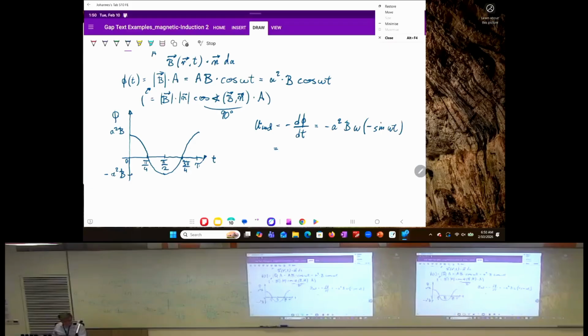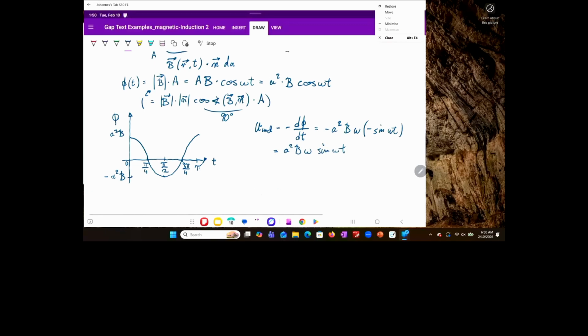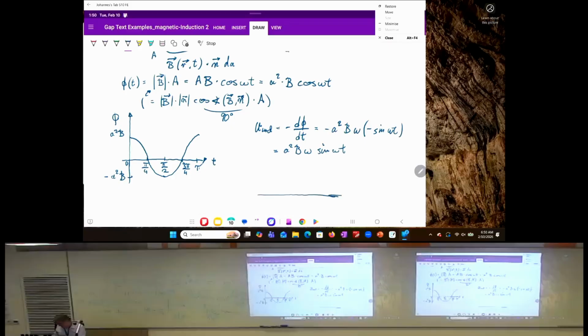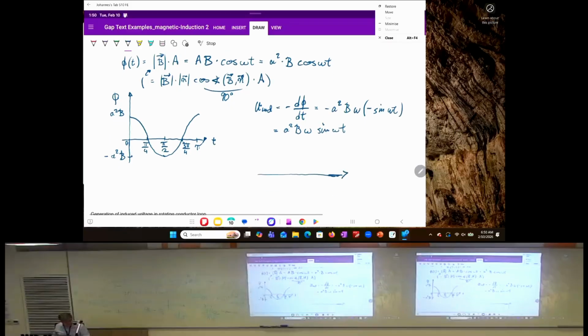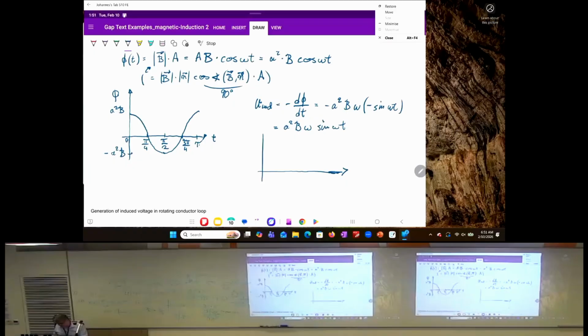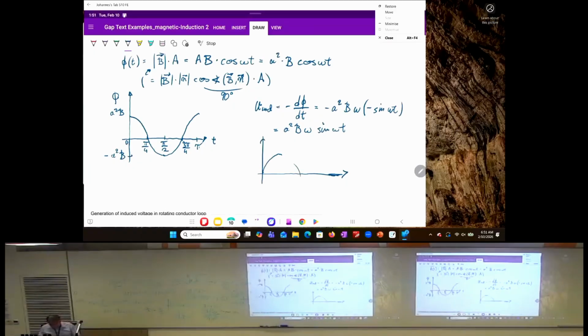That means you have a squared B omega sine omega t. So your induced voltage follows the sine relation if your flux follows the cosine relation.